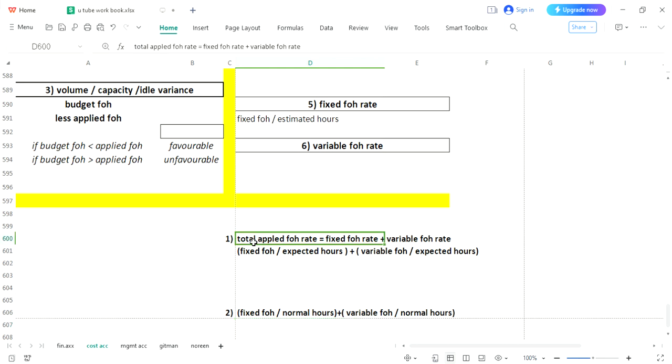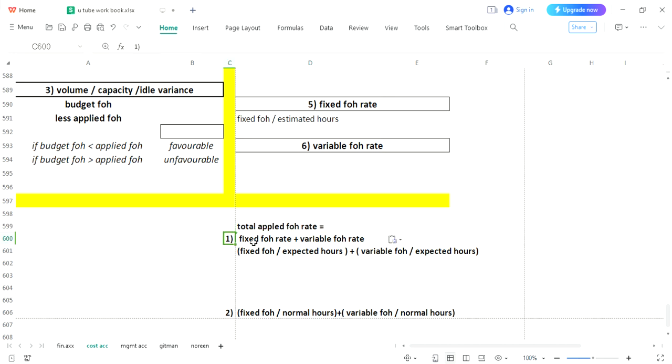Let me put it this way, we can separate this total FOH rate, and I'm going to write it above to understand in a proper way. Okay, so this is your first rate, total applied FH rate first method, total applied FH rate second method.